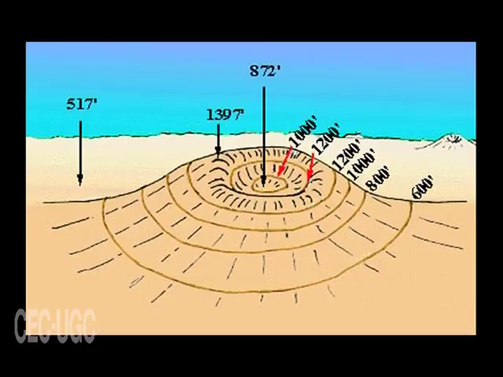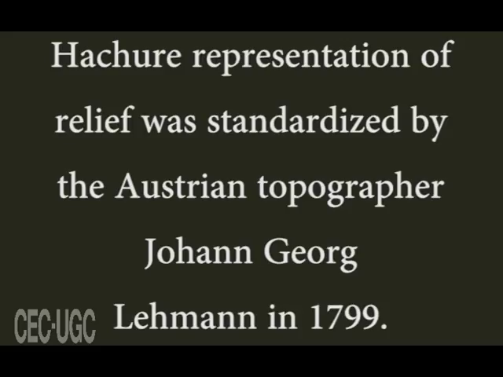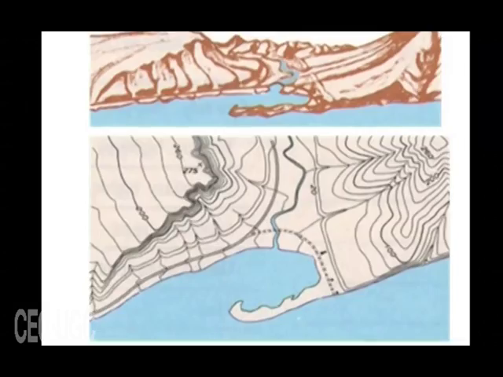Hachures. You can see in this figure that hachures are short broken lines used to show relief. Hachure representation of relief was standardized by the Austrian topographer Johann Georg Lehmann in 1799. Hachure is sometimes used with contour lines.